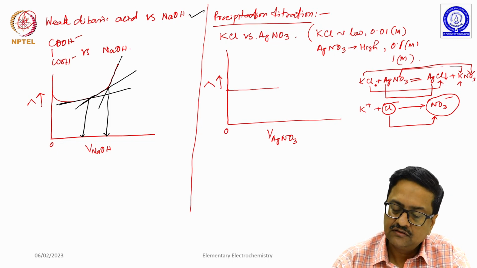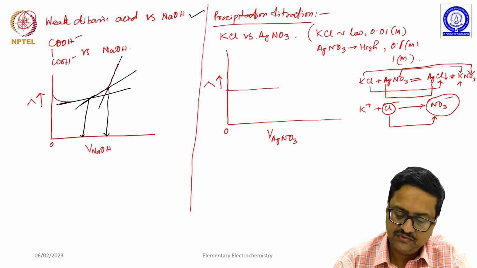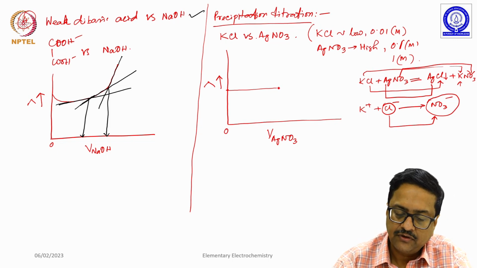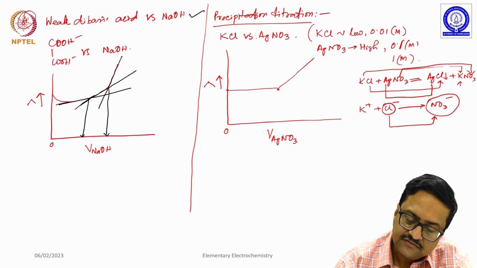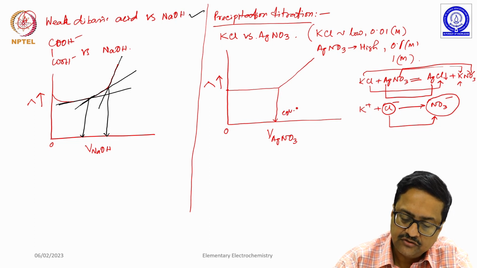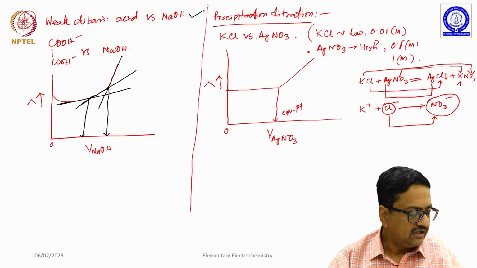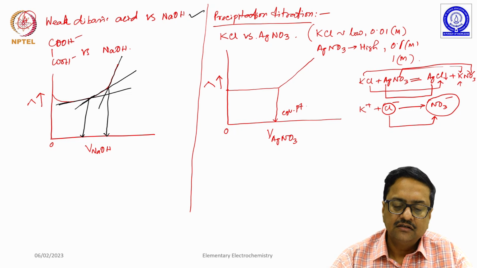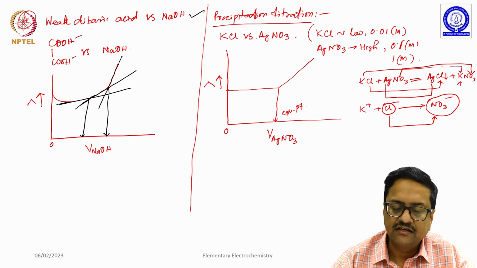But when all the chloride is precipitated and no more silver chloride gets precipitated, if you continue to add silver nitrate beyond that point, the conductance of the solution will continuously increase. So this sharp end point will give you the equivalence point. The point where the straight line changes its slope will then give you the concentration of KCl solution.